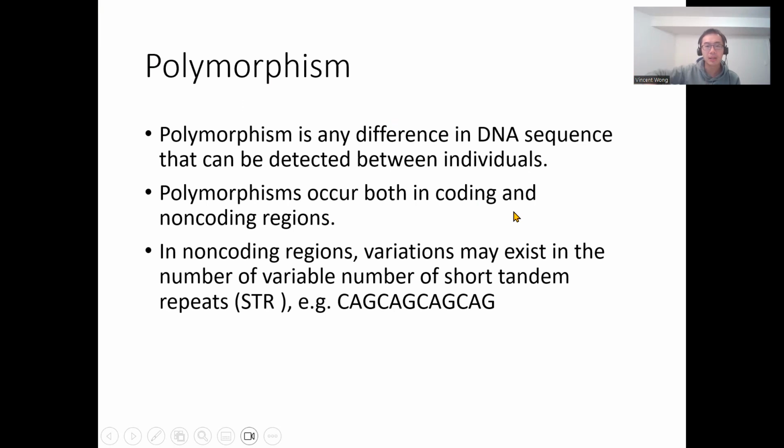It can happen in the coding regions of the DNA, which of course are the exons, as well as the non-coding regions. Okay, there are some fillers in our genetic material that either don't do anything, or we haven't discovered what their functions are just yet.